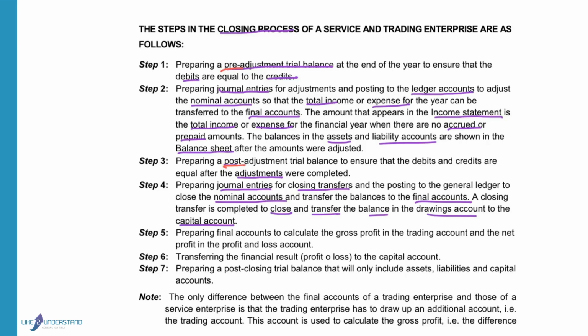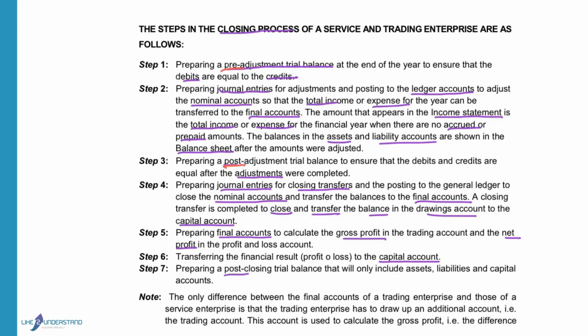Now you will prepare your final accounts to calculate the gross profit in the trading account and the net profit in the profit and loss account. This profit that you calculate in your profit and loss will be transferred to the capital account. And after you've completed all these transfers, you will prepare a post-closing trial balance.